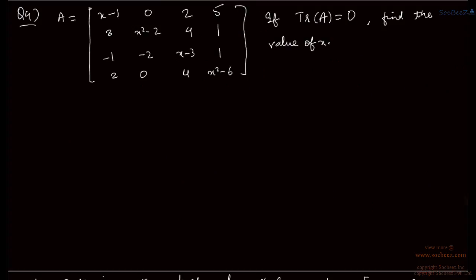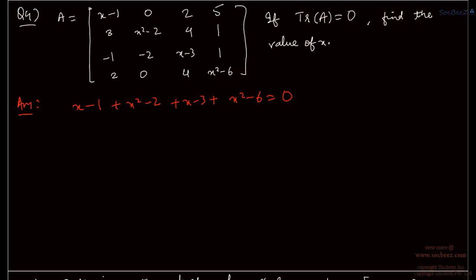Okay. The next one here, A is a 4 by 4 matrix with these elements. Now if trace of A is equal to 0, find the value of x. So it's a fairly simple one. We know what trace of a square matrix is, right? It's just the sum of the principal diagonal elements, and that value has been given as 0, right? So we just try expanding it, and this is equal to 0.